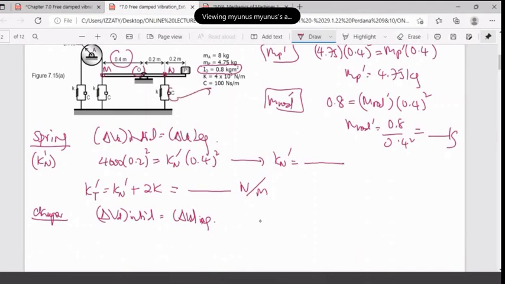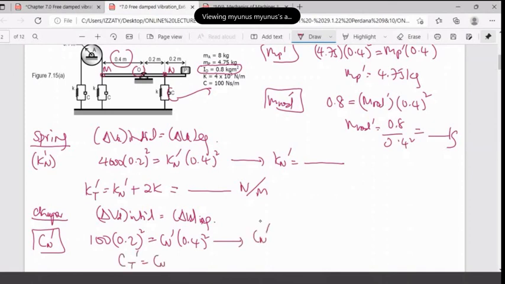Put it at 100. This one is Cn prime. 100 multiplied by 0.2 power of 2 is equal to Cn prime times 0.4 power of 2. Then your Ct is basically your Cn prime plus 2C. Then you have these numbers.